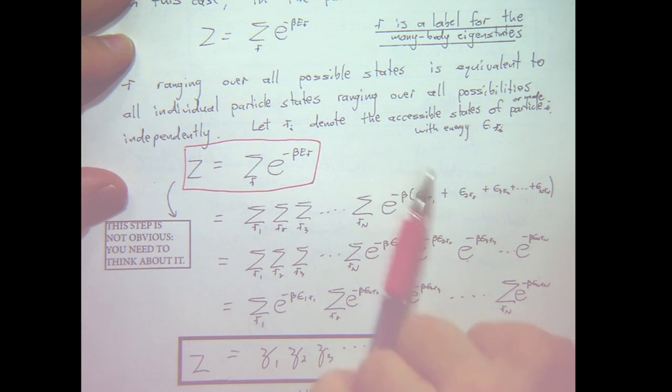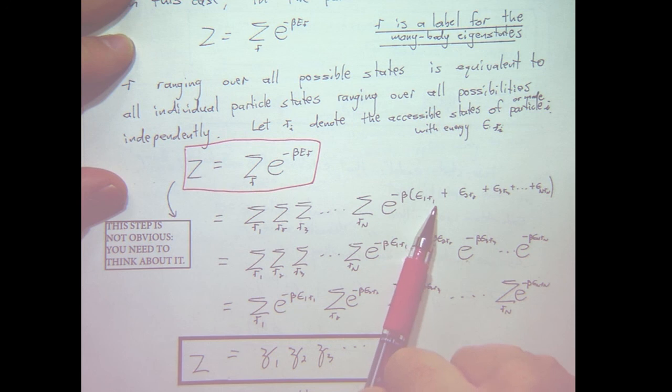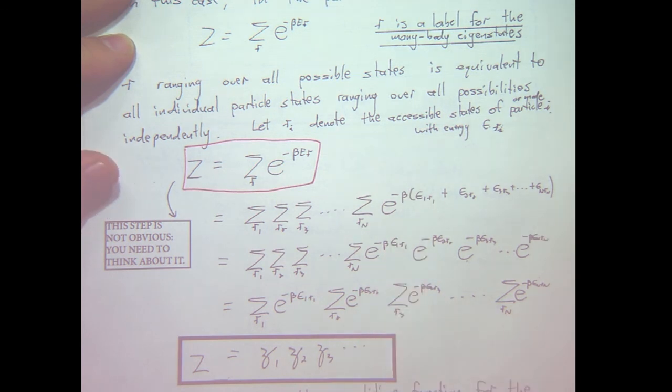This step here is a kind of step from solving Schrödinger's equation. The wave function factorizes. And Schrödinger's equation separates, if you like, into individual particle Schrödinger equations.